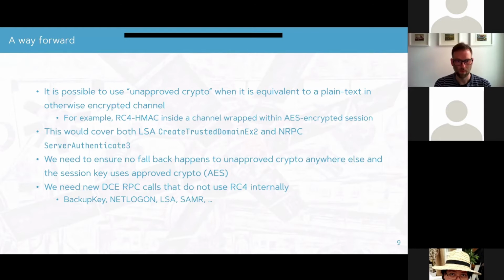So in some cases, we simply need new versions of these calls to not use RC4. But to a certain degree, we can leverage this plain text within an encrypted channel approach.